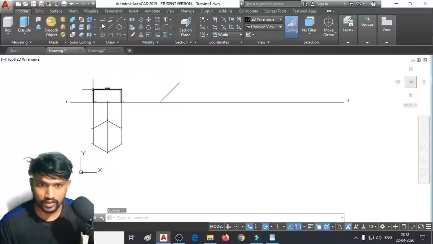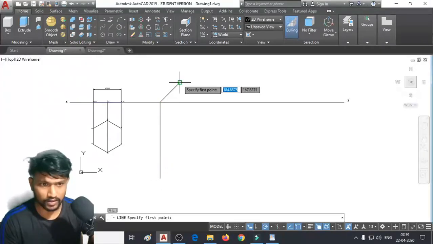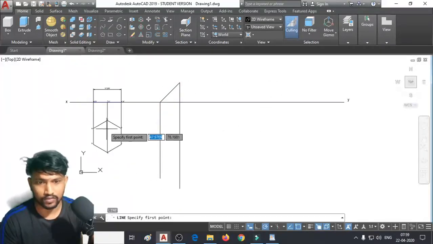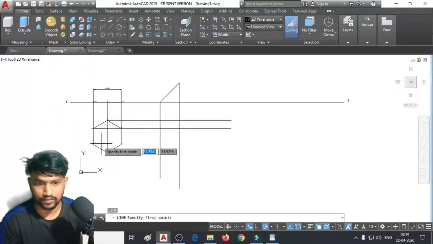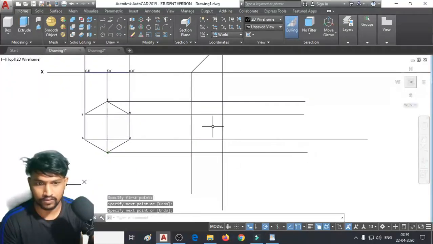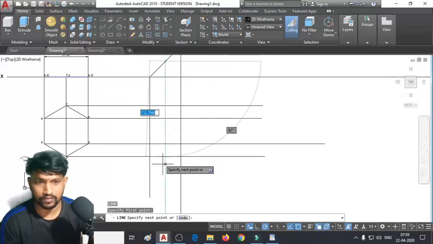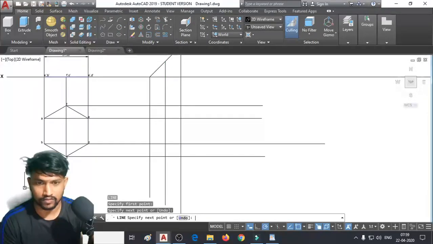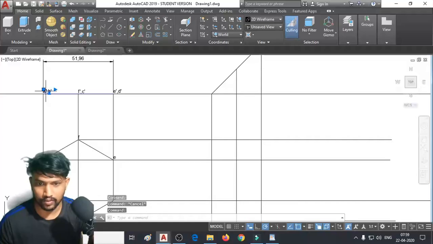Let's go to the drawing. Now let me draw the vertical lines from this one, because F dash C dash are meeting at the midpoint.